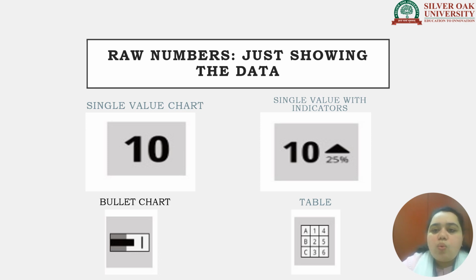In these quite widespread cases, plotting each value on a separate chart often makes sense. That is where gauges and bullet charts come into play. A bullet chart is great for comparing quantitative data against qualitative data, such as profit or loss against good or bad.